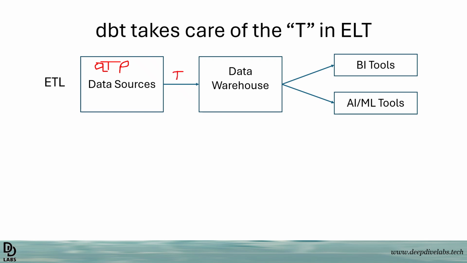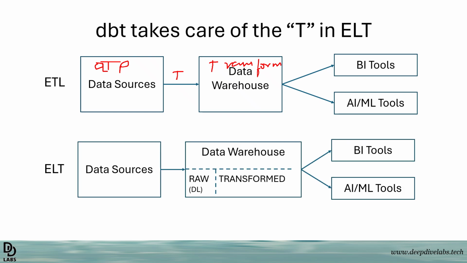Extraction happens and transformation happens before the transformed data is loaded into your data warehouse, which is subsequently used for downstream applications such as business intelligence, visualization, or advanced analytics like AI/ML, right? But as I was mentioning, with the advent of storage not being a blocker anymore, we see the transition from ETL to ELT, right?